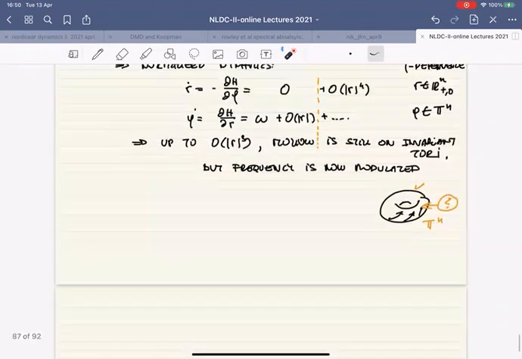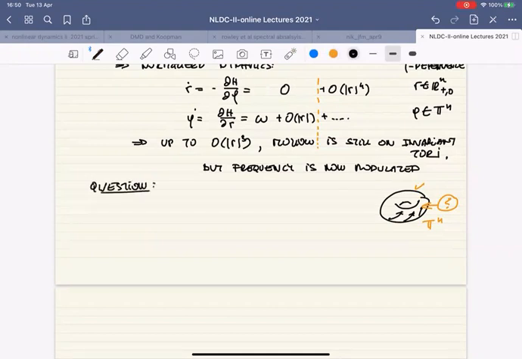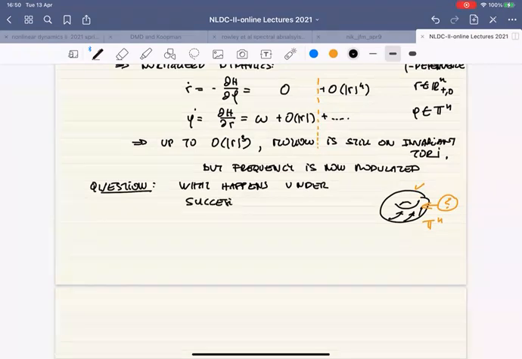The following is the big result here, which is the question that I want to answer: what happens to these tori under successive higher order normal form transformations?